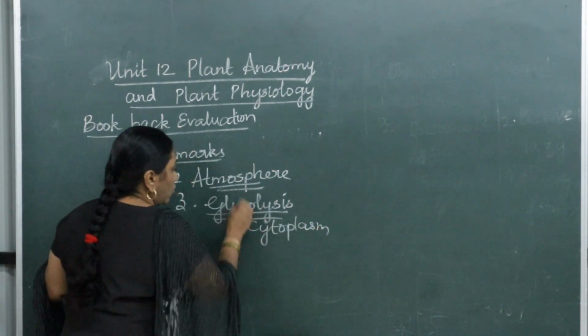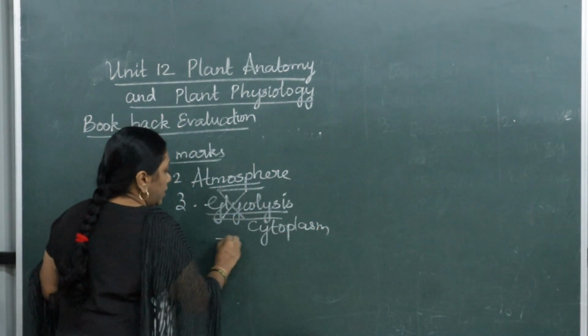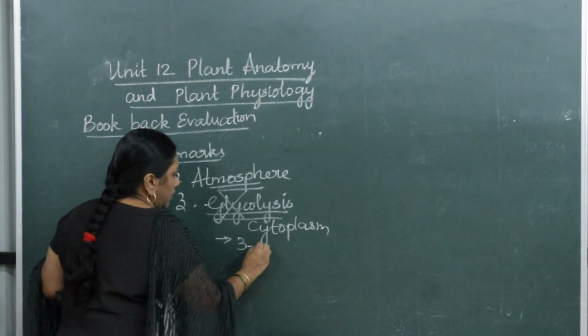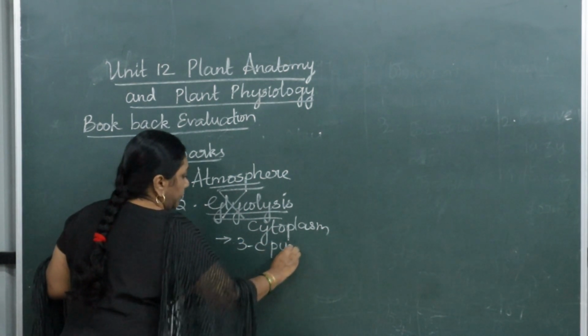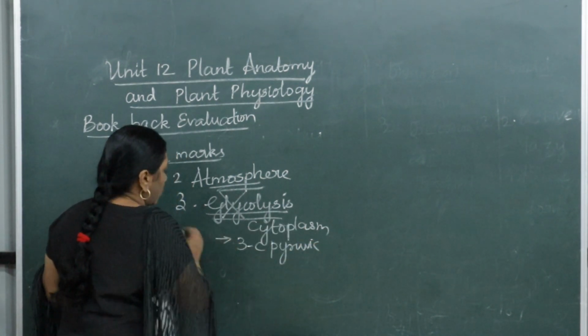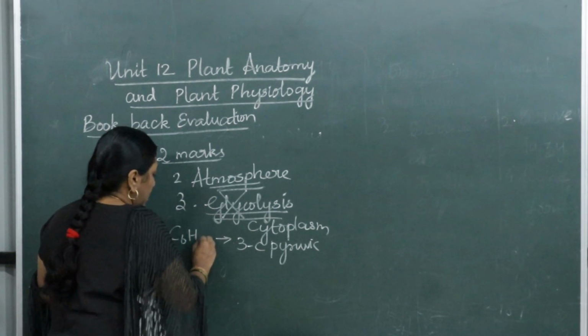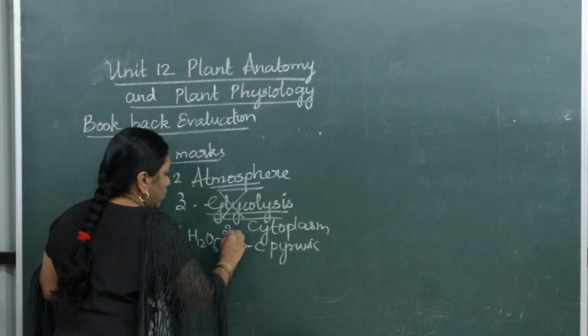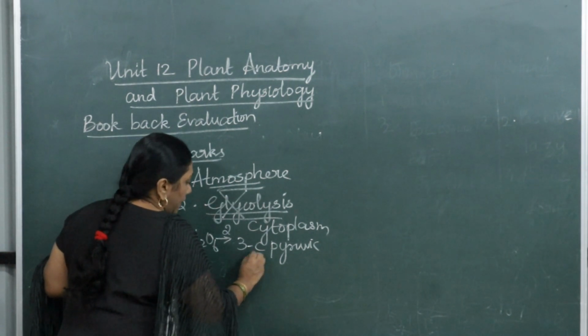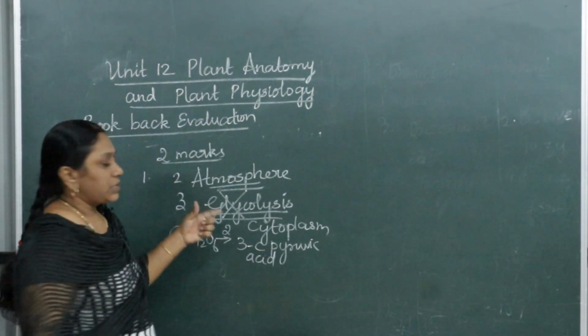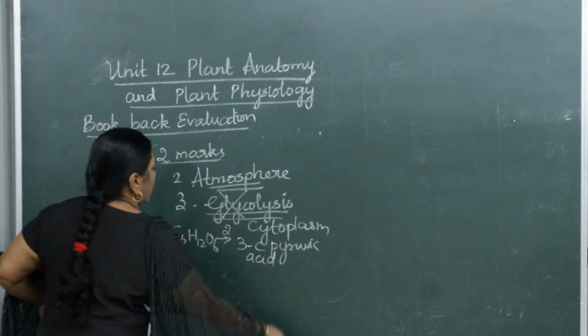Glyco means glucose is broken down into 3 carbon pyruvic acid. So one glucose molecule, C6H12O6, is broken down into 2 molecules of 3 carbon pyruvic acid. This is the process that takes place in glycolysis.